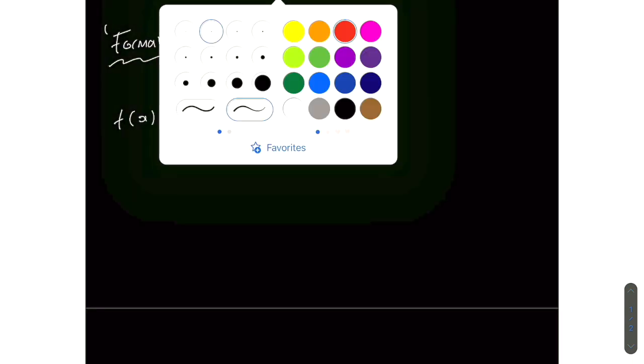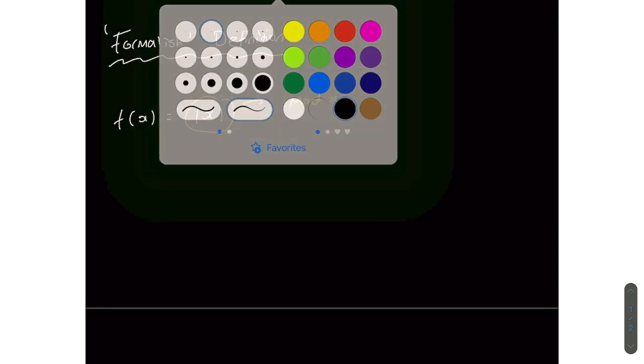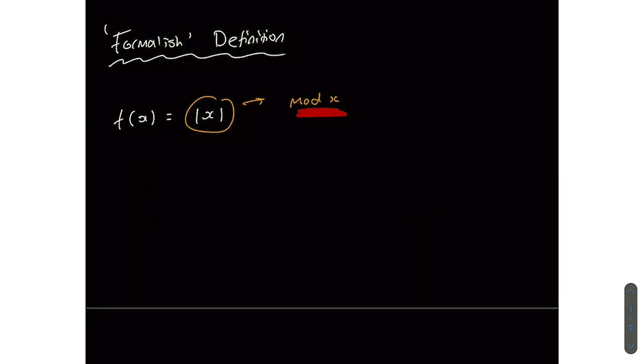So what we can say is f of x, this is the standard modulus function now, f of x equal to the absolute value of x, aka mod x in other terms. Now this is a bit different from abstract algebra.